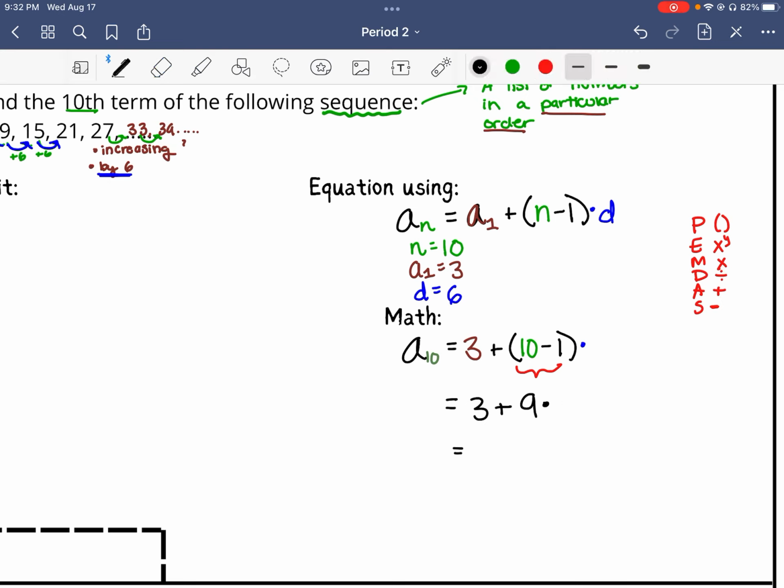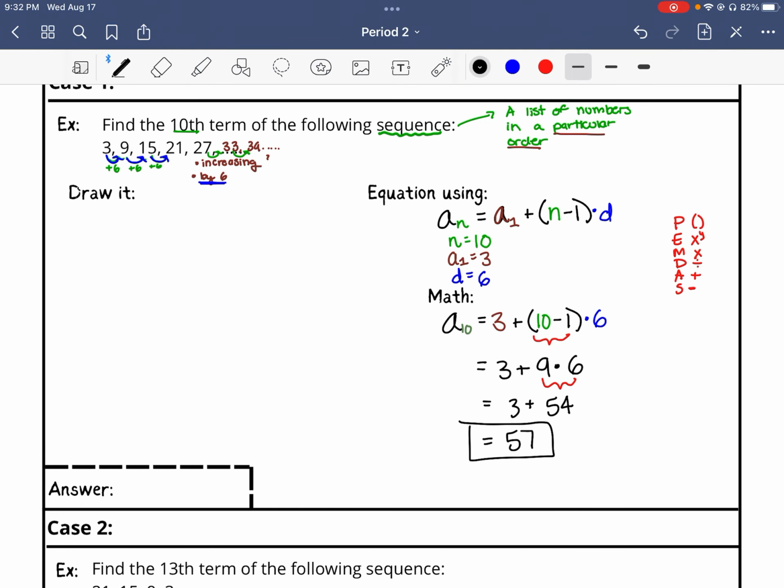Oops, remember that our D is 6. You see when I make mistakes. Okay, back to this. 9 times 6 is 54 plus 3, and my answer is 57. So if I kept going with my list, the one in the 10th place would be 57.